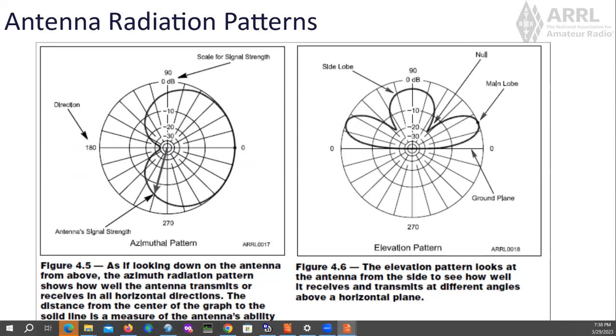You're looking at it from the side on the right, and on the left, you're looking down at it from above. But what point on the clock are you looking at it from? I guess I'm trying to compare the two. At what point on the azimuthal pattern are you looking at the elevation pattern? From what direction are you looking at the elevation pattern?